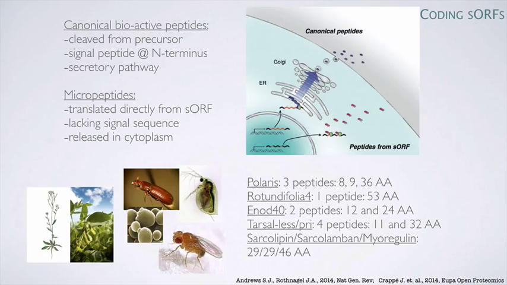More than 10 years ago, there was some evidence in plants and insects as well. Then tarsal-less was the first small open reading frame peptide identified in Drosophila. And then only one or two years ago, there were also some identifications in human and mouse having impact on the calcium pump and muscle contraction.